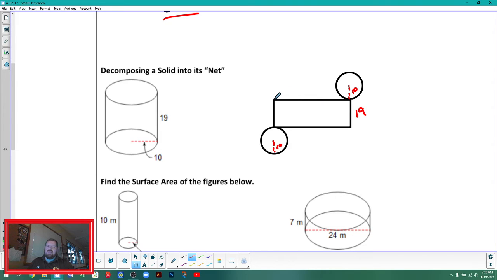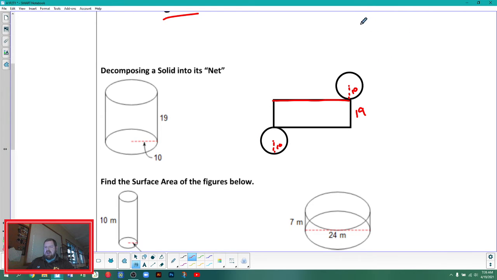And then the concern is, what is this measurement? How am I going to find this distance? To break that down, realize that we actually have a shape that meets the definition for a prism.